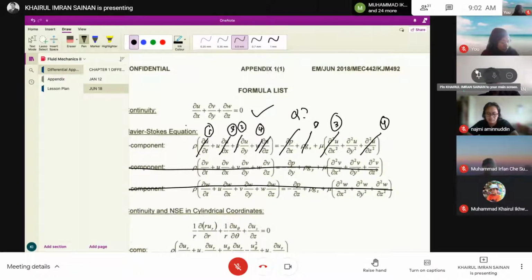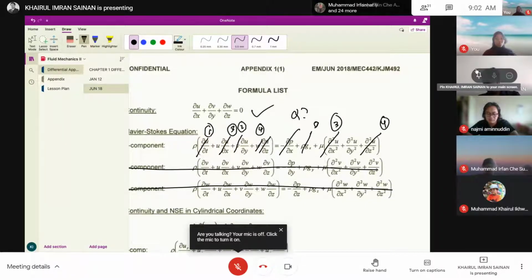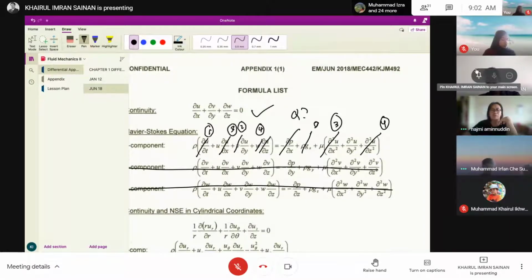Take a look at the first term. We have del u over del t. Number 1. What is number 1 just now? Steady flow, sir. What is steady flow?